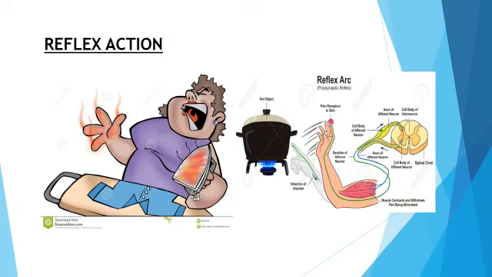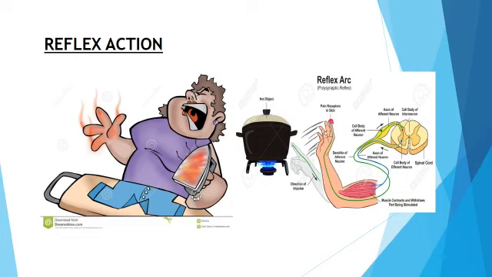In a reflex action, the detection, the processing, and the response is handled by the spinal cord and we respond before the information reaches the brain. Reflex action helps you to respond rapidly to a stimulus from the external environment without any conscious control.